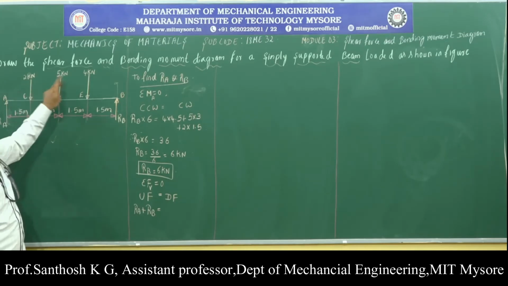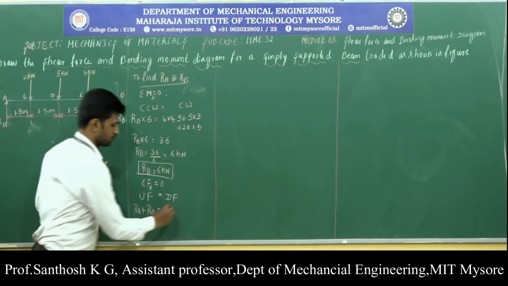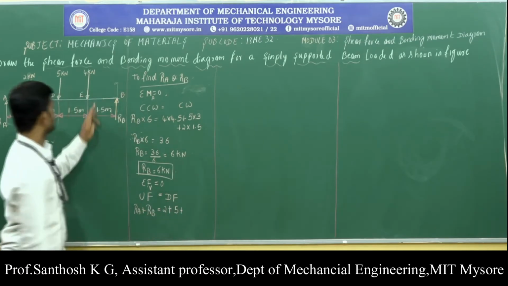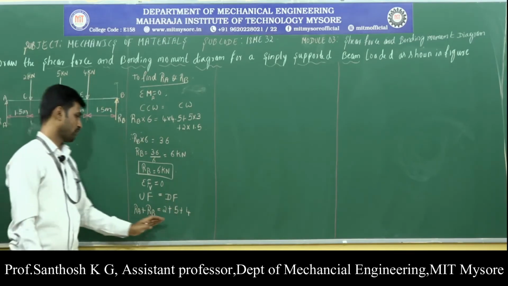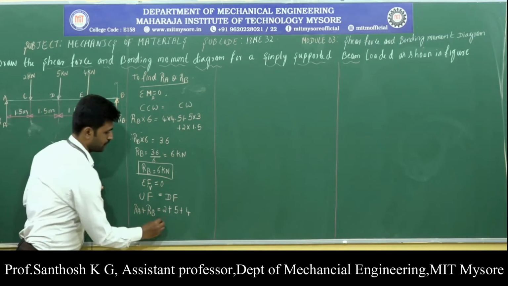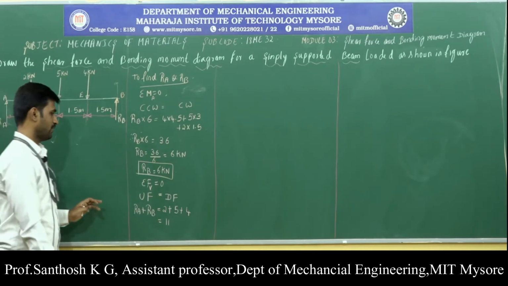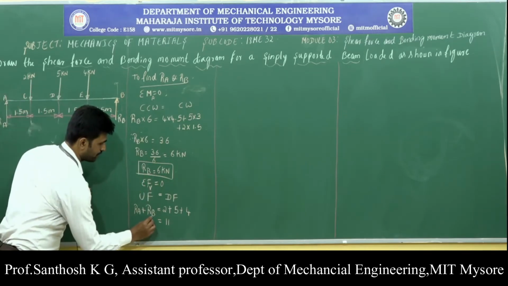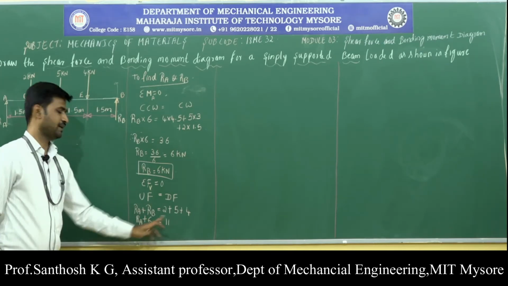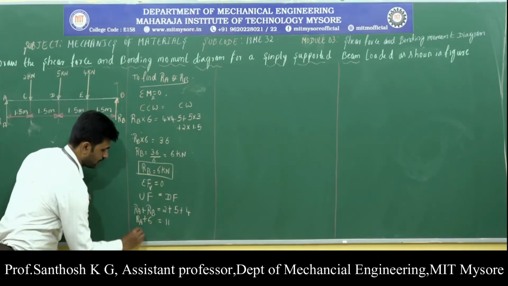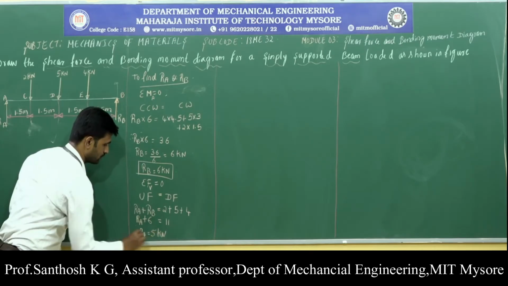The downward forces here are 2 kilonewton, the second force is 5, and the last one is 4 kilonewton, which is acting at point E. When you add all three, you get 5 plus 4 is 9, plus 2 is 11 kilonewton. The value of RB is 6 plus RA. So 11 minus 6, the value of RA equals 5 kilonewton.